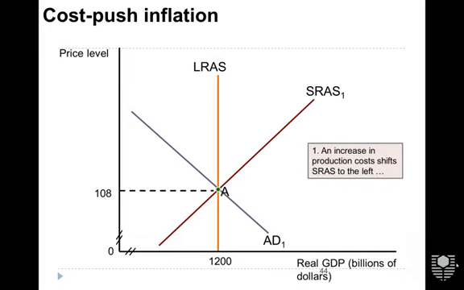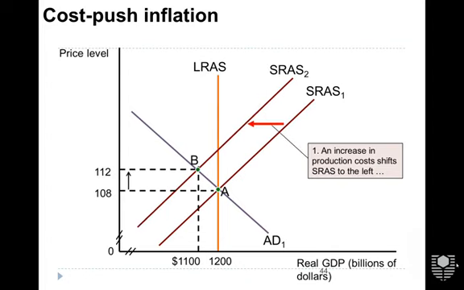An increase in production cost shifts the SRAS curve to left. That means we are now producing less at higher prices, and sometimes this is also known as a situation where the prices are increasing because of the oil price shock or the supply shock, or because of the supply shortage in the market. So cost push inflation.